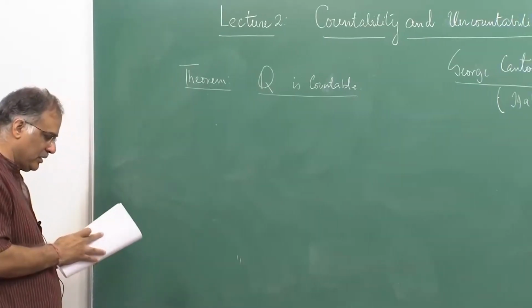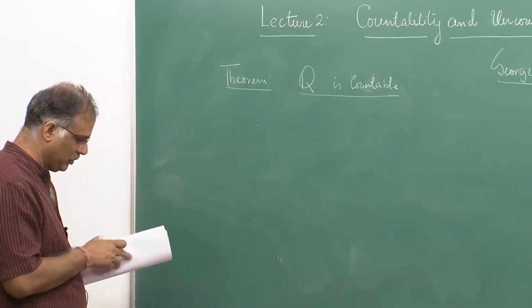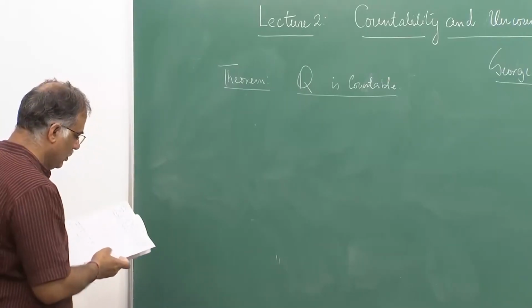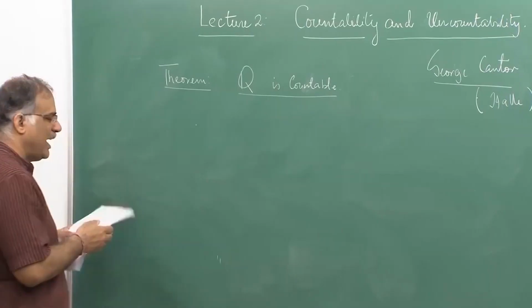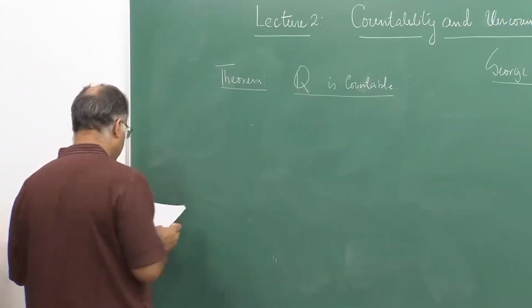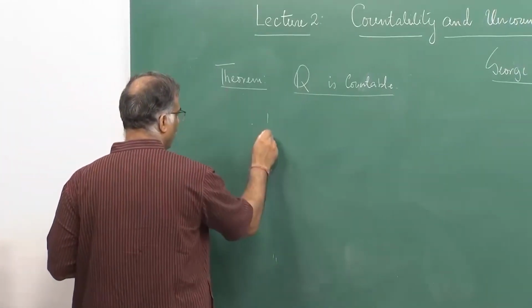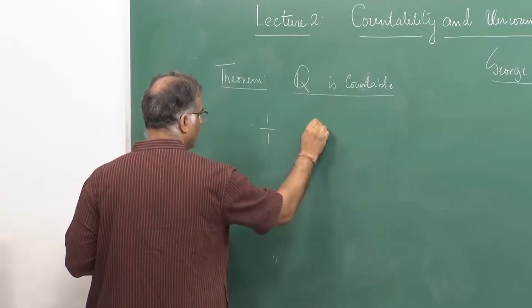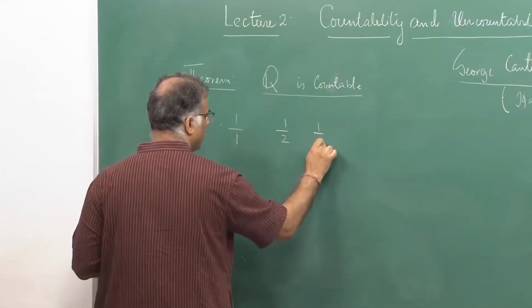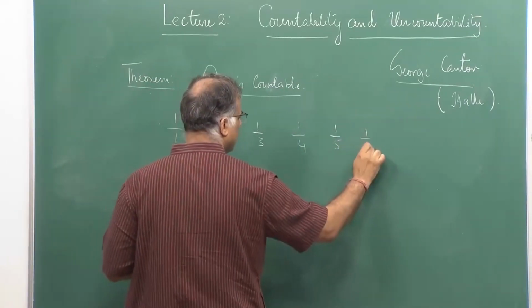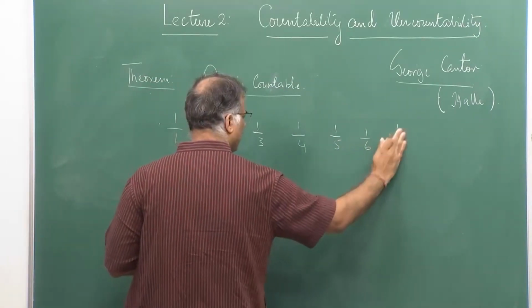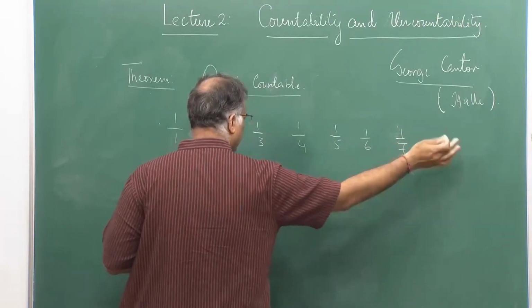So let us look at this counting business. I am arranging the rationals. What I am doing is this. I take the number 1, then I write 1 by 1, 1 by 2, 1 by 3, 1 by 4, 1 by 5, 1 by 6, 1 by 7, and whatever you want in each row.